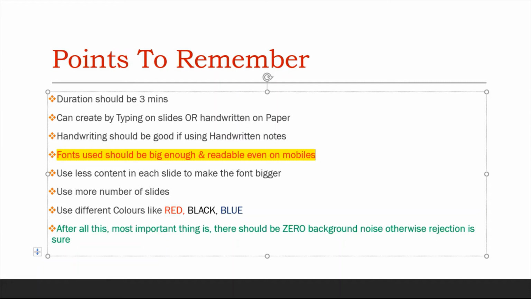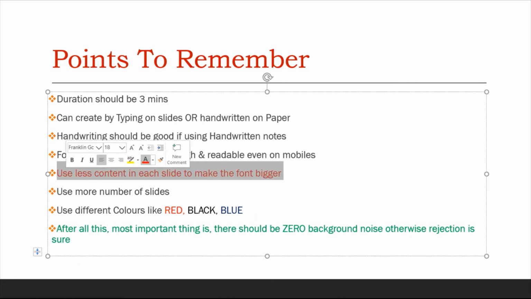It will be readable, I know, but a little difficult because the mobile screen is very small. So whatever fonts you use, either by typing on a slide or writing on paper with a pen, keep them big so they are readable even on mobile phones, meaning small screens.